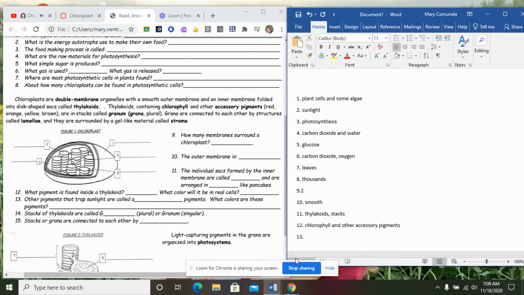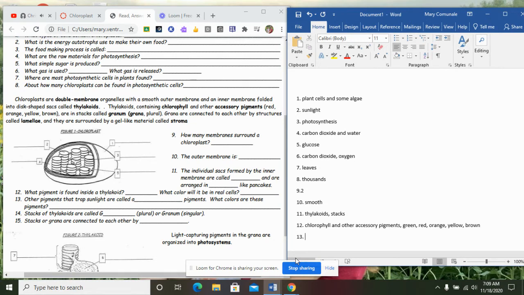What color will it be in real cells? Well, chlorophyll's green, red, orange, yellow, and brown. Okay.